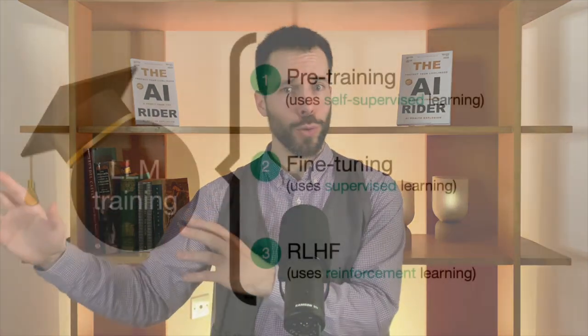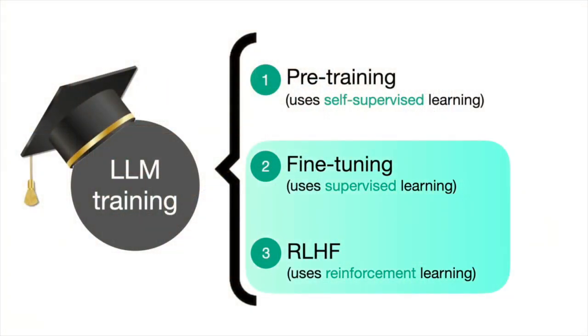When you talk to an LLM, you want truthful answers, not just predictions of the likeliest next word. And that's where the next two phases come in. They turn the savant but fairly unusable LLM into a skilled and truthful communicator. The first of these stages is fine-tuning, and here the teaching method to teach the LLM to be helpful is supervised learning.